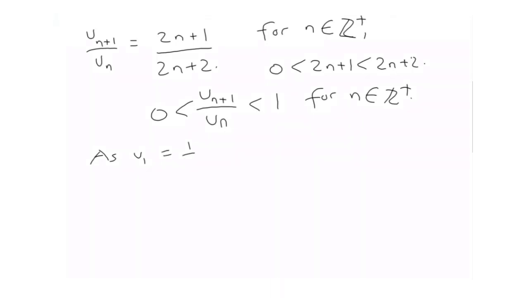So u_n, our sequence, is monotone or monotonic, and it is decreasing as this common ratio is smaller than 1.